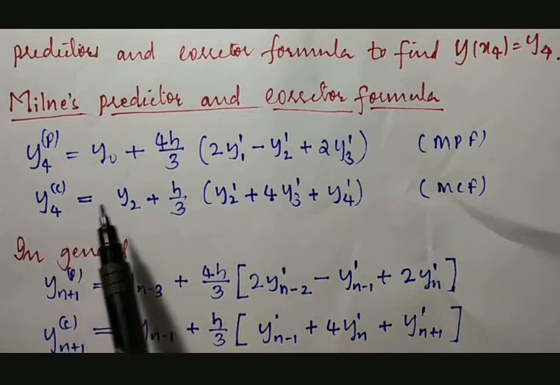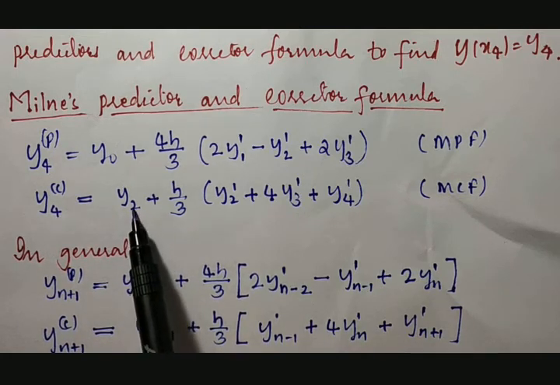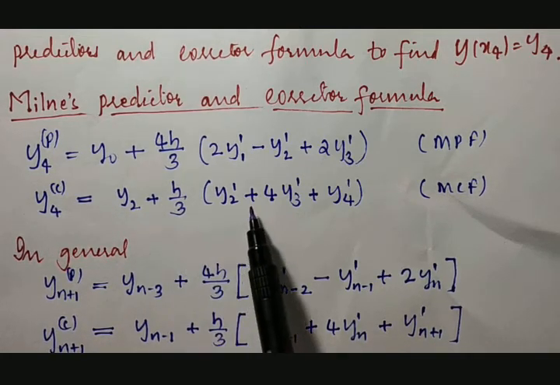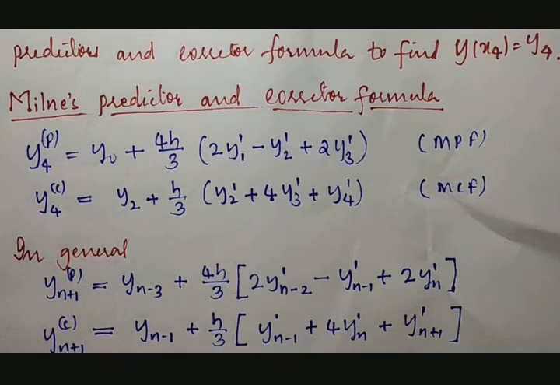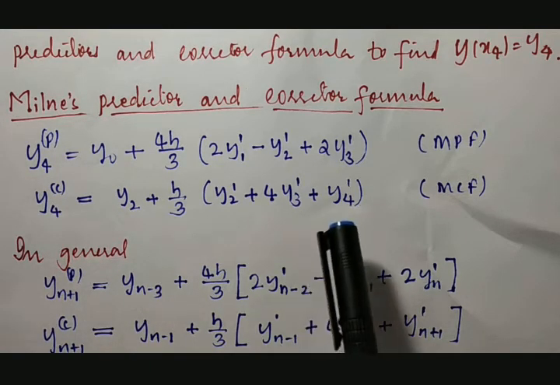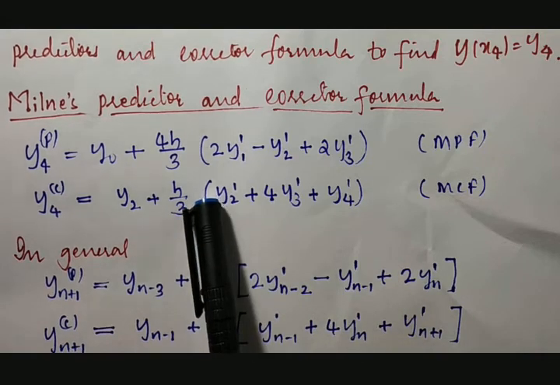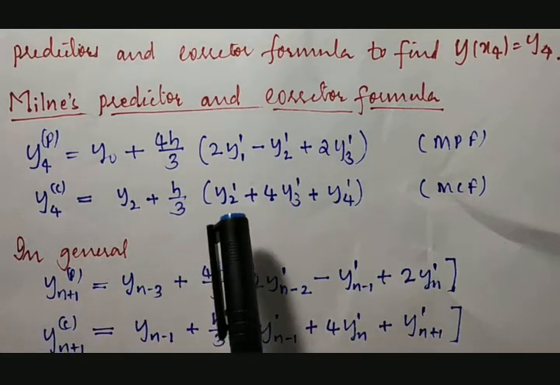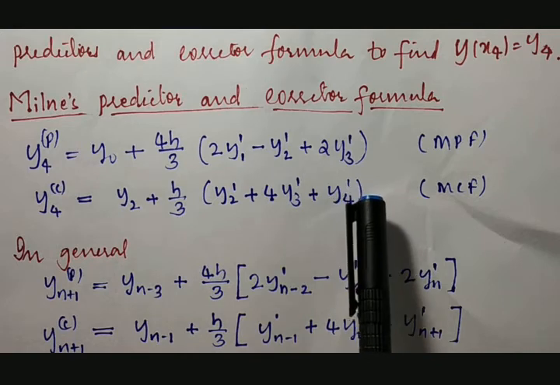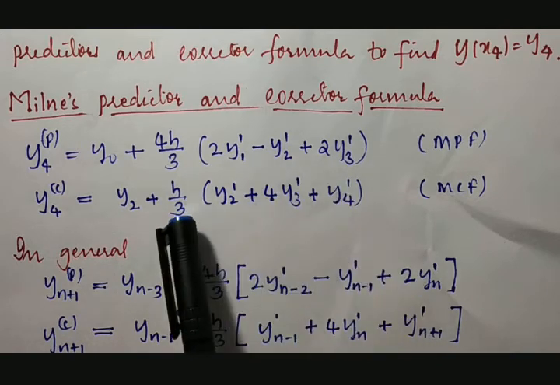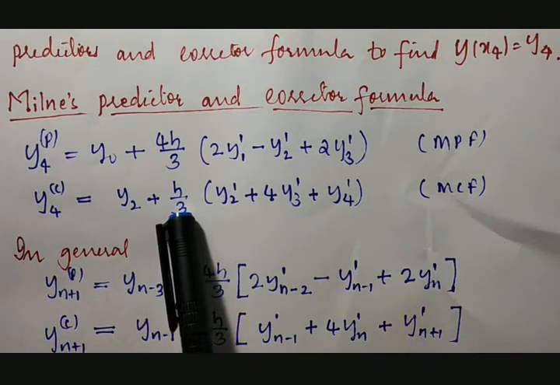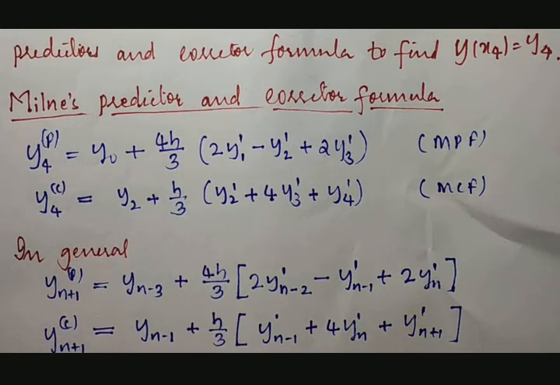What is the correction? Correction will be taken as y2 plus h by 3 into y2 dash plus 4 y3 dash plus y4 dash. We can see here 1 times, 4 times, 1 times. So total, 4 plus 1 plus 1 is 6. 6 divided by 3 will be 2.